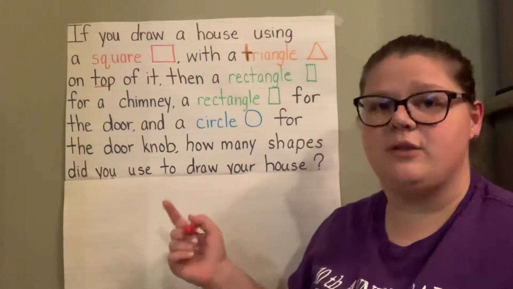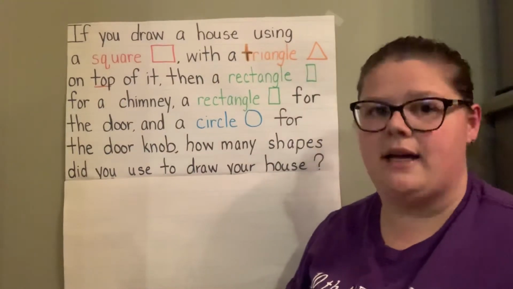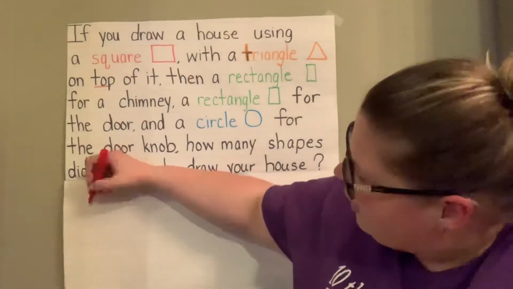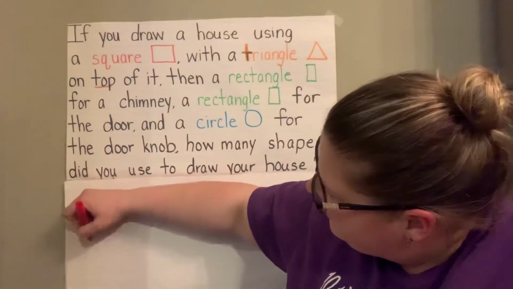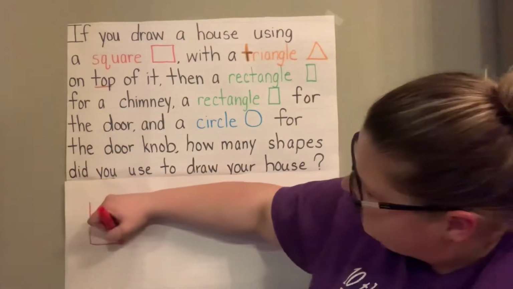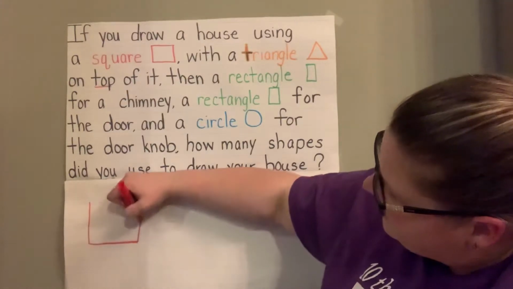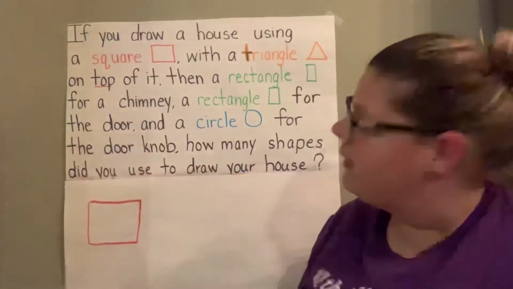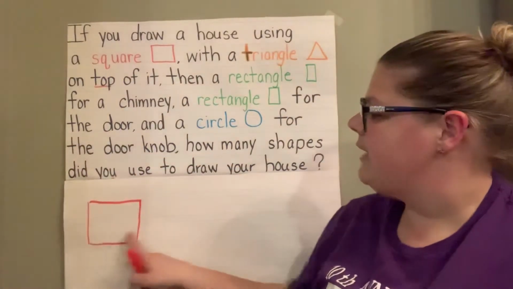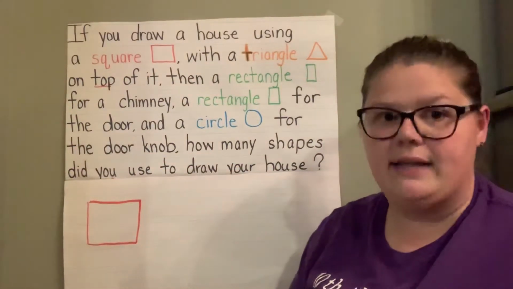Good. If it's a square, it should be all the same size. So let's draw 4 sides that are all the same. Okay, there's my square. 4 sides that are all the same size.